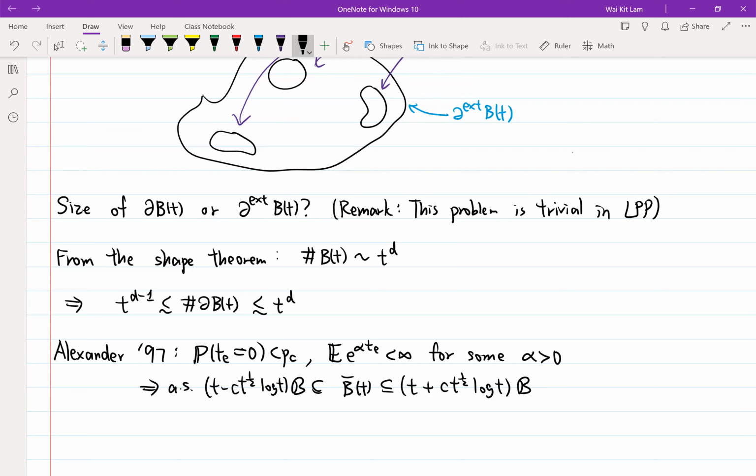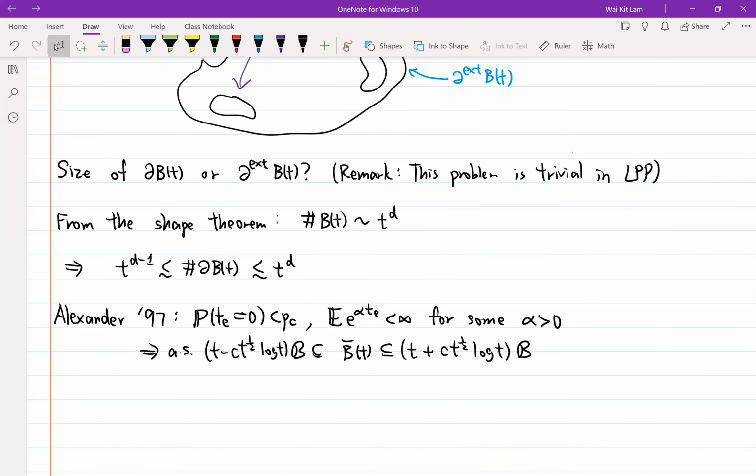After you rescale by some factors, t plus or minus some constant times t to the 1/2 times log of t, then this BT bar will be contained in this annulus for large t.